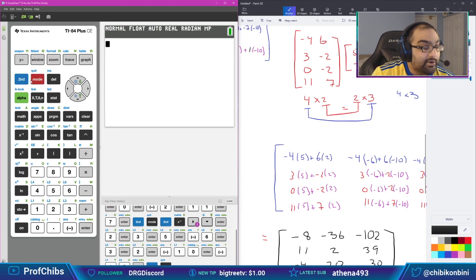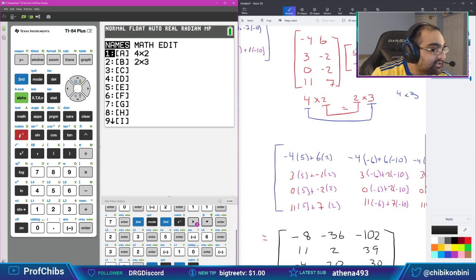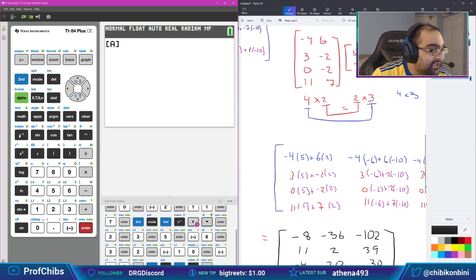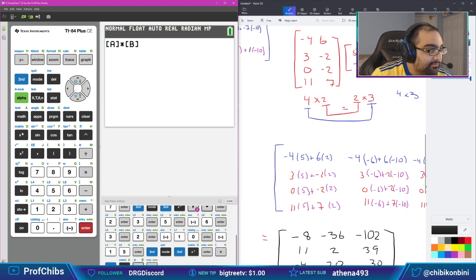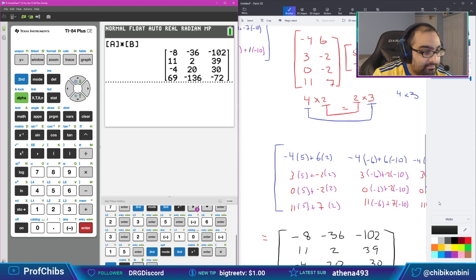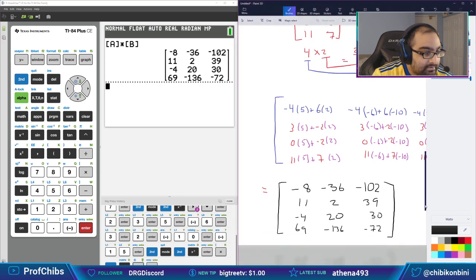And then if I want to multiply these after I've entered them in, I hit second, matrix. I go to names, go to letter A, and hit enter on that. Hit multiply. I hit second, matrix again, call up matrix B, and then hit enter. And yeah, does that match what we got?